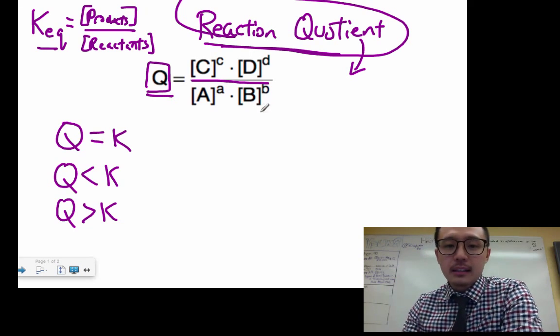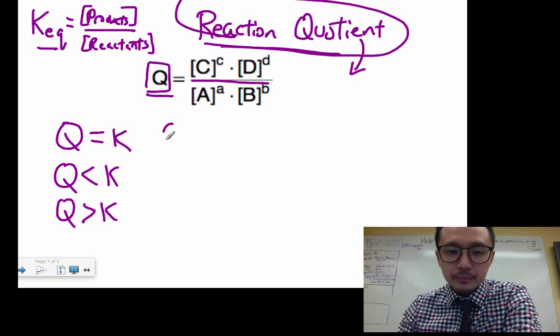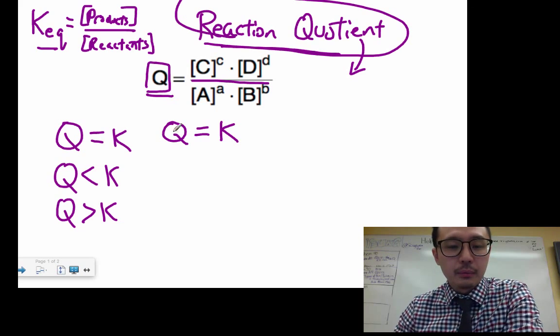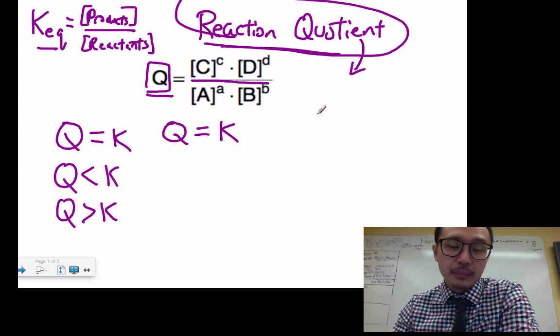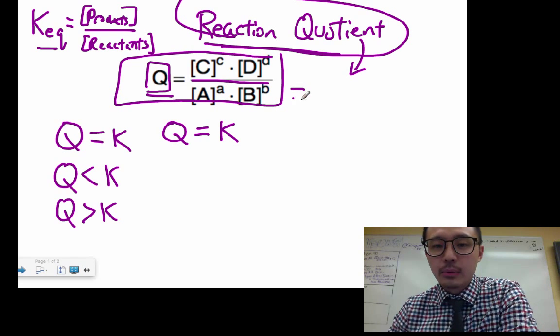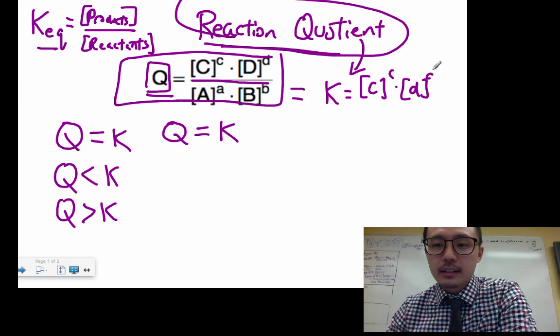So let's make sense out of this. What happens when Q is equal to K? Remember, the reaction quotient is at any time of the reaction. So if the quotient is equal to K, the equilibrium constant, then that means it is at equilibrium. The only way you can get this equaling K, which is exactly the same, is when it's at equilibrium.